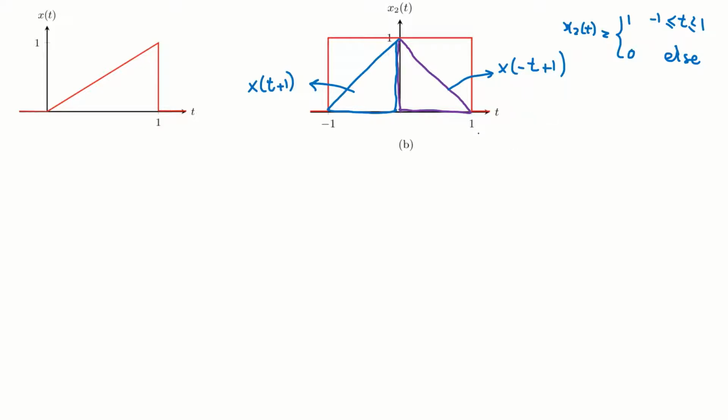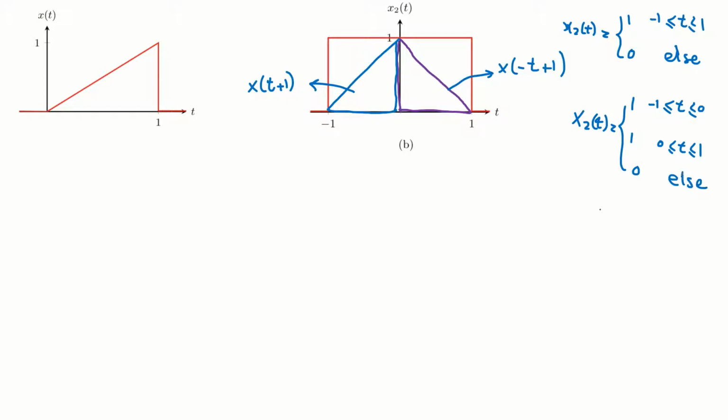Okay, so I can partition this x2 and write it like this: x2t equals 1 for time interval between -1 and 0, and it is 1 for time interval between 0 and 1, and it is 0 for the rest.